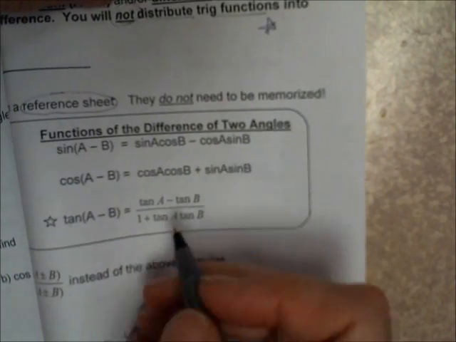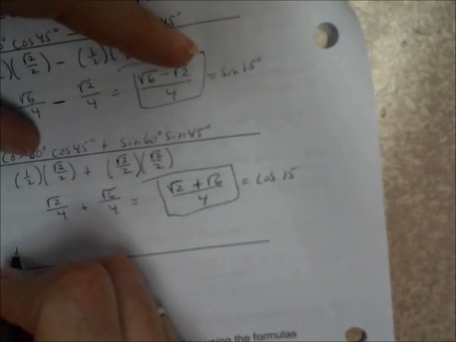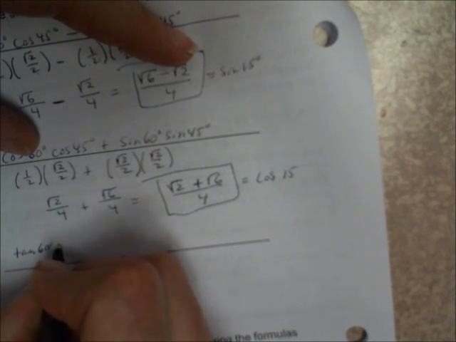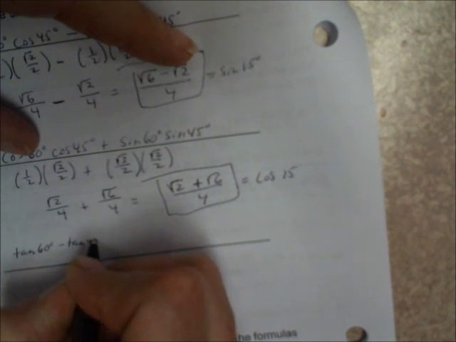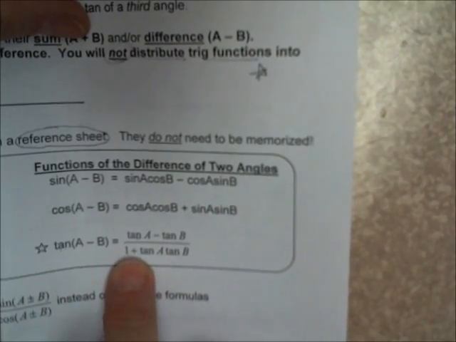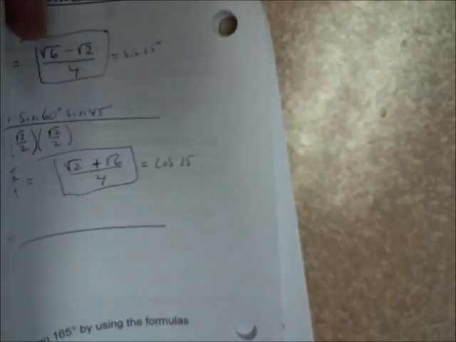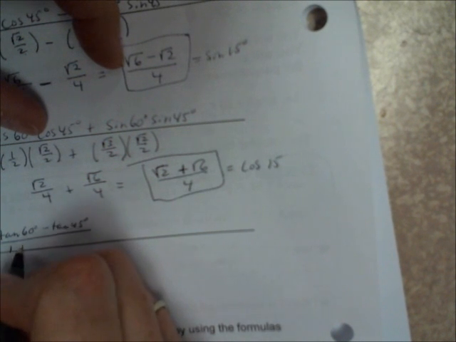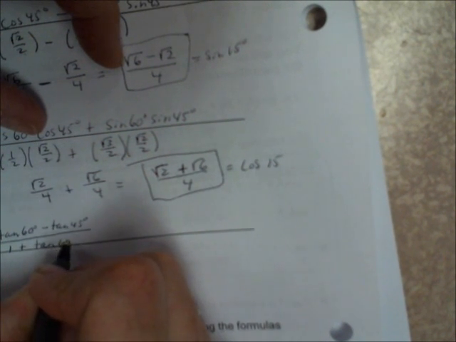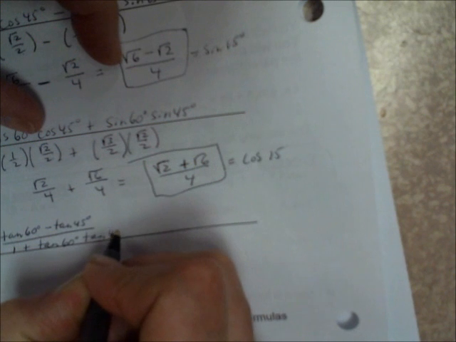So the tangent of the difference of two angles is the tangent of A minus the tangent of B, all divided by 1 plus the tangent of A times the tangent of B. So we have the tangent of 60 minus the tangent of 45, all divided by 1 plus the tangent of 60 times the tangent of 45.